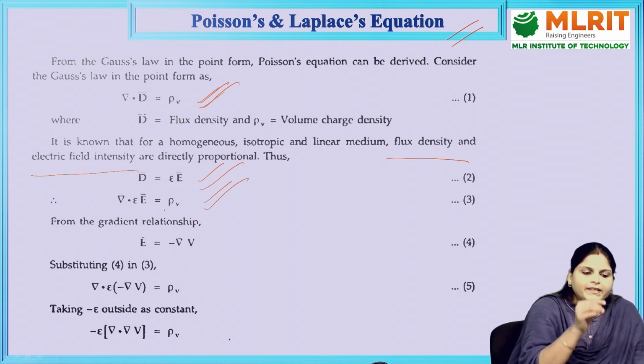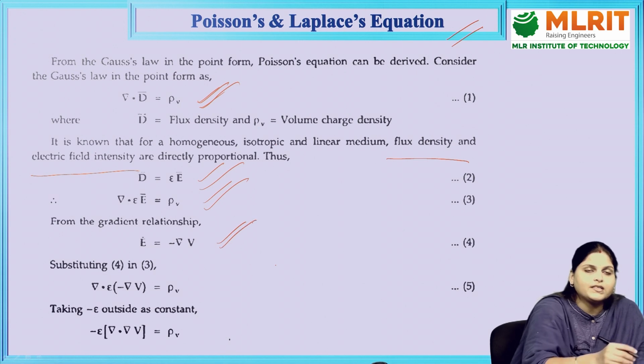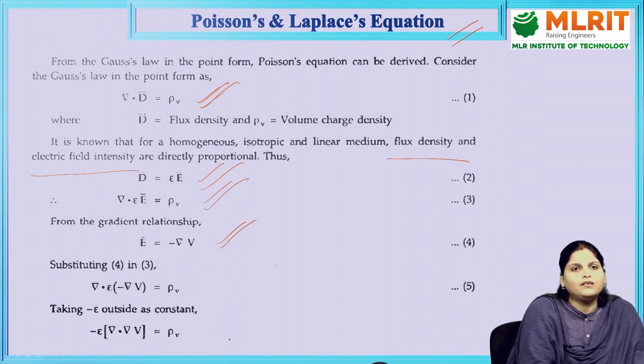Also, from the gradient relationship we know E is equal to minus del V. The negative gradient of voltage is equal to the electric field.